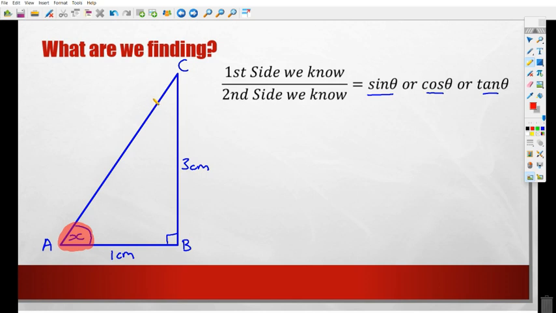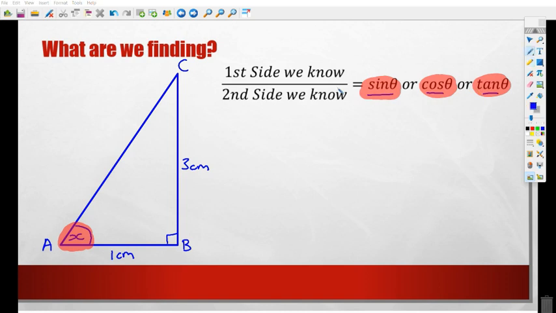Some cases you're forced to use them, but as far as possible I want to get a ratio that is sine, cos, or tan, because it's easier and you get to the answer faster. I will show you how we use cot, sec, and cosec later.